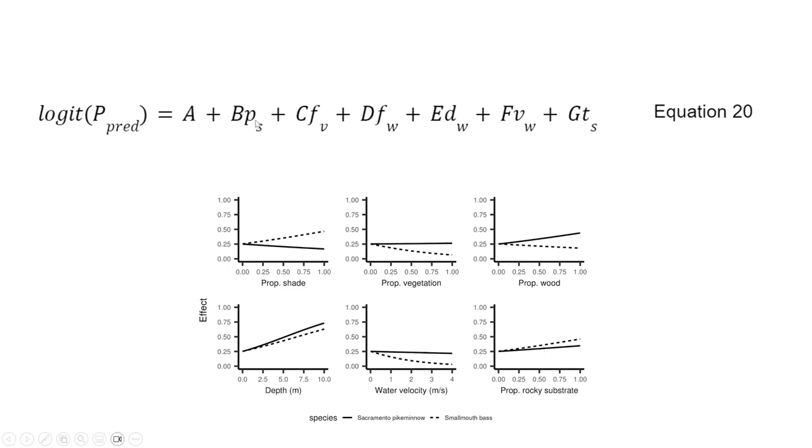And it has the attributes of shade, velocity, depth, wood, I guess vegetation, wood, velocity, and substrate. I think those symbols are all correct. And down here is just showing you a graph of what those might look like if you held everything constant and then just changed one of them, given the parameters you have of the model. So here, for example, you can see the proportion in shade increases the presence of smallmouth bass, but decreases the presence of pikeminnow.